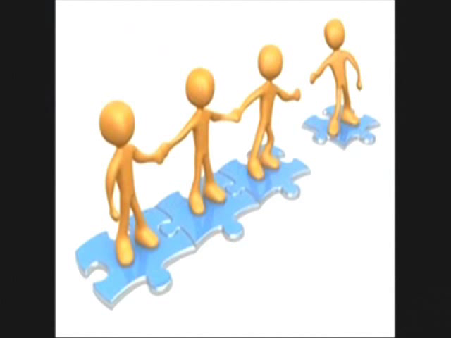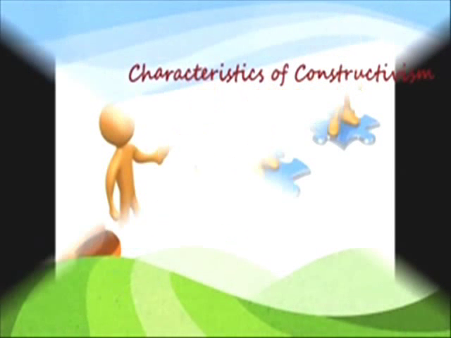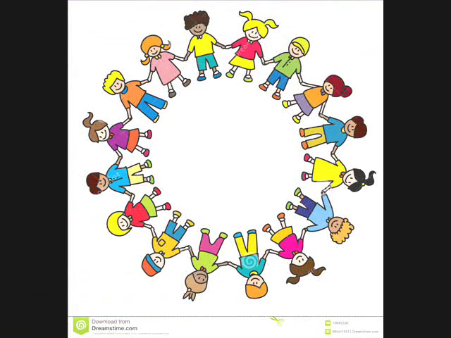Second is social constructivism. This view emphasizes that knowledge exists in a social context and is initially shared with others instead of being represented solely in the mind of an individual. It is based on Vygotsky's theory.